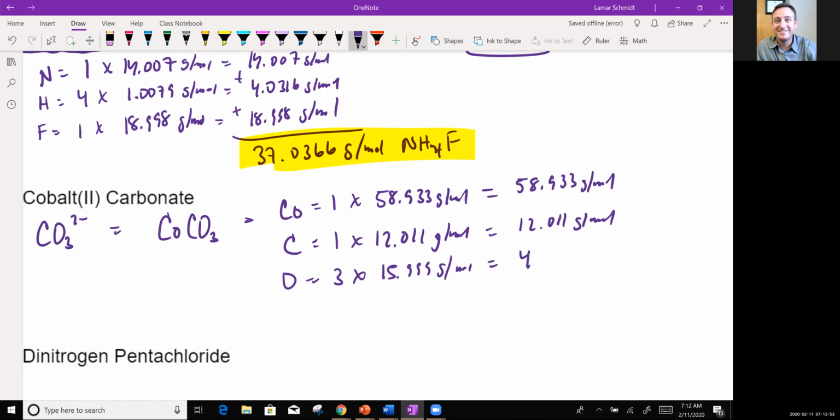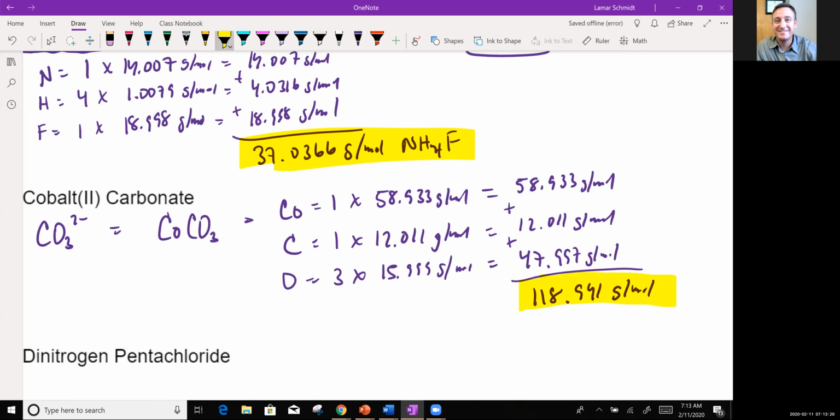And here you should get 47.997 grams per mole. So the next step is to simply add those up. All right, and there's our answer for number 2.